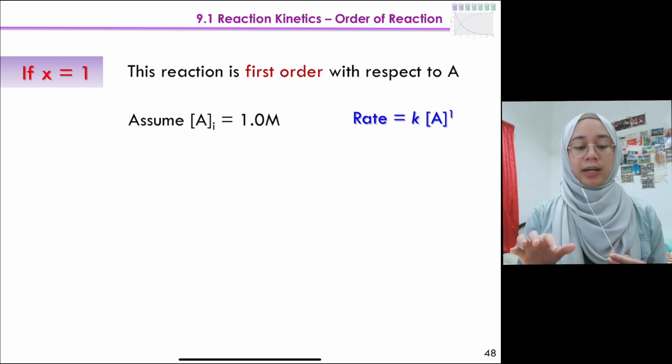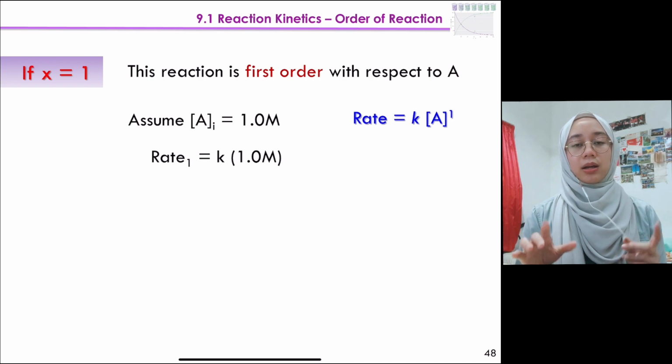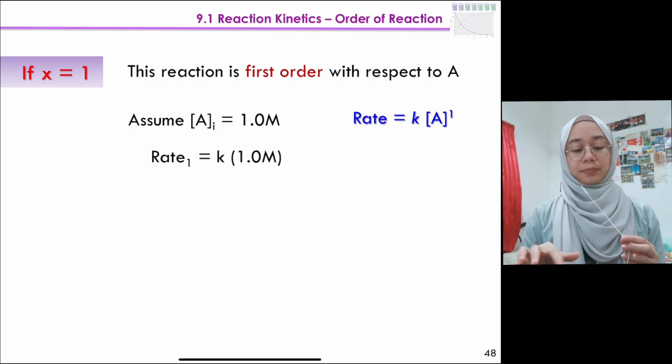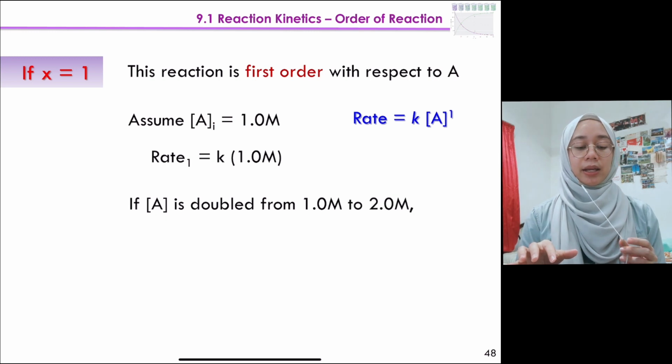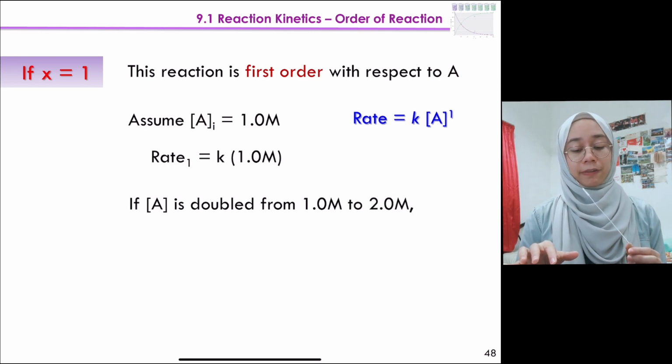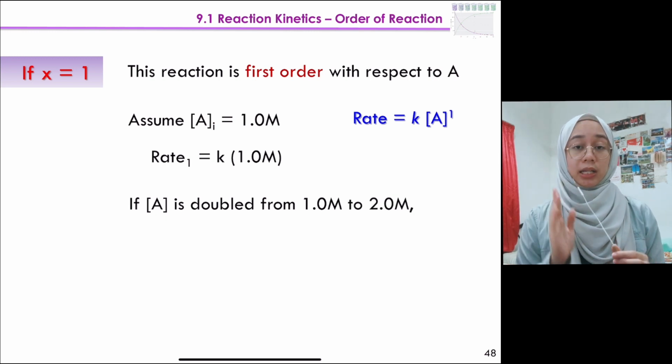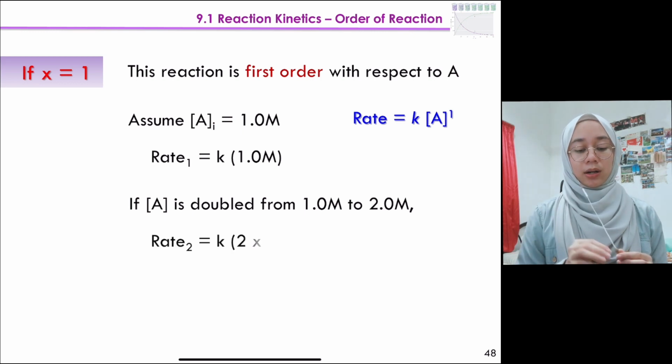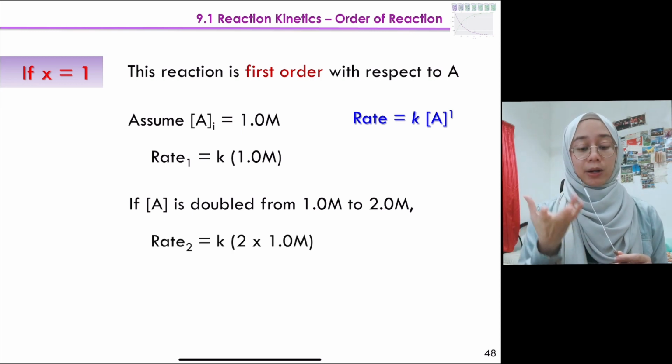Okay, so let's assume that the concentration initial untuk A adalah 1 molar. So basically rate asal dia adalah rate 1 equals to k times with 1 molar lah. Okay, but then let's say kita doublekan the concentration of A. So daripada 1 molar dia jadi 2 molar. Okay, so rate 2, so ni rate yang baru kita ada.